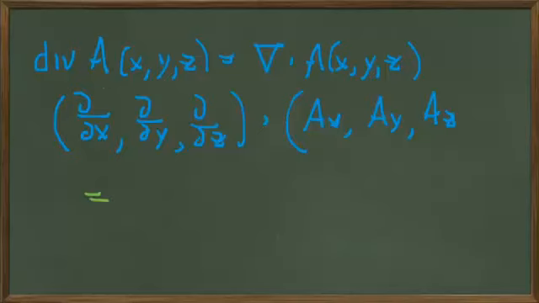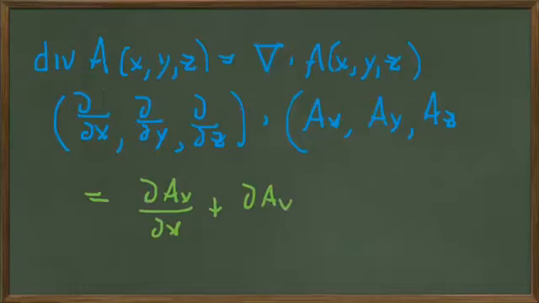We get partial a sub x, partial x, plus, remember the dot product adds the product of the components together, partial a sub y, partial y, plus partial a sub z, partial z.